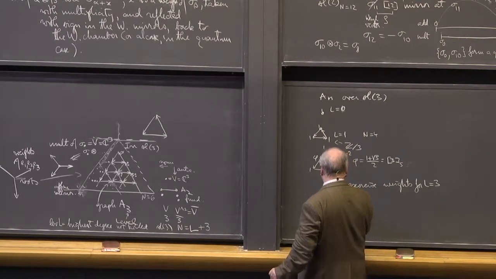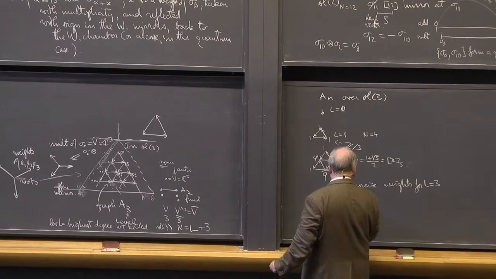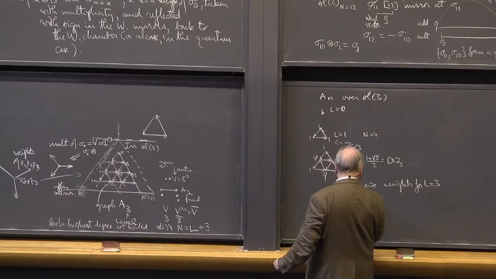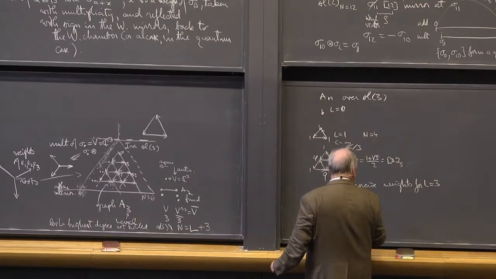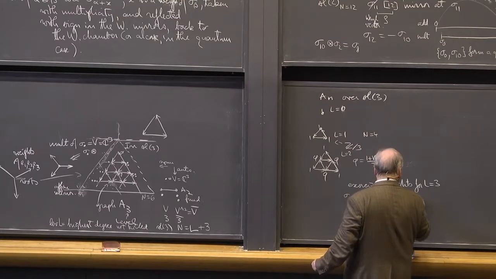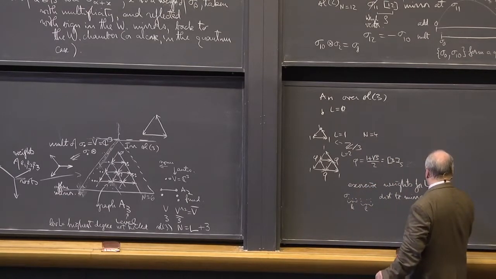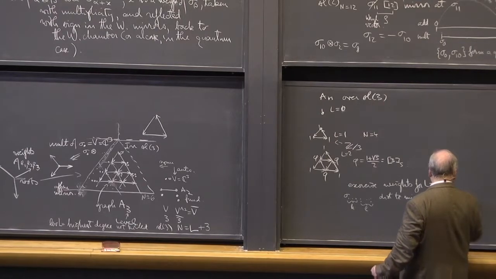So the distance to the mirrors, if you have sigma and you have K single dots and L double dots, then the distance to mirrors is K plus 1, L plus 1, and K plus L plus 2.